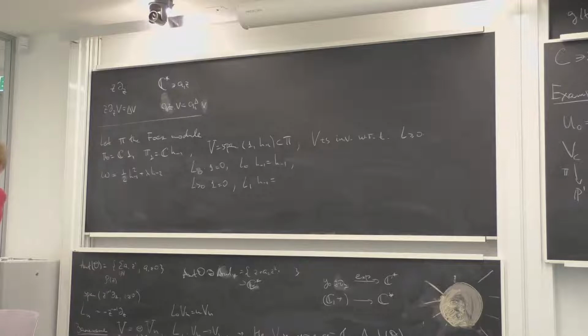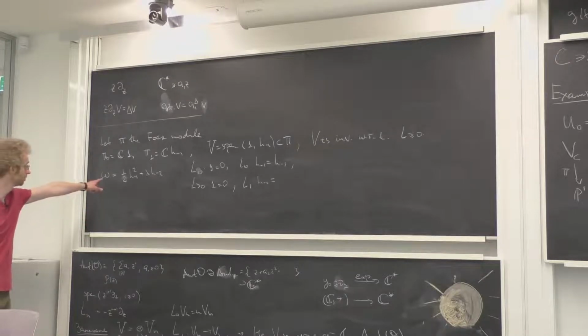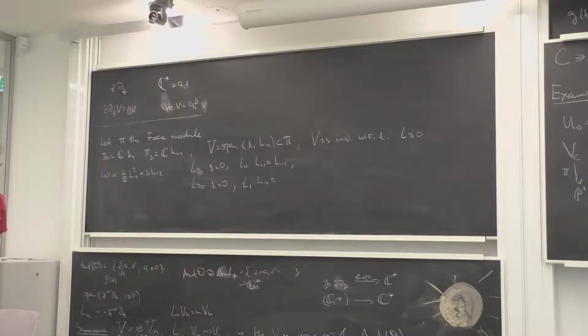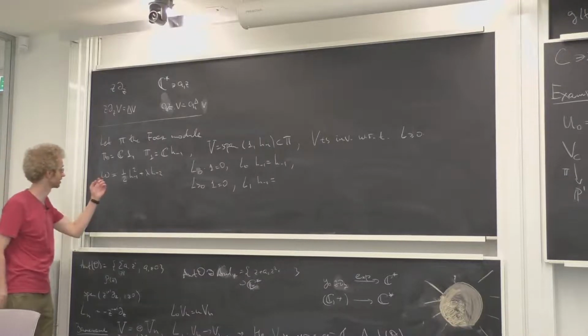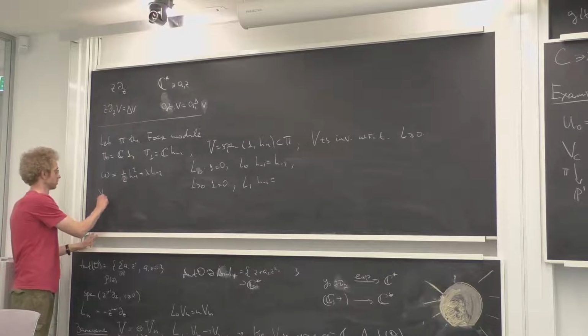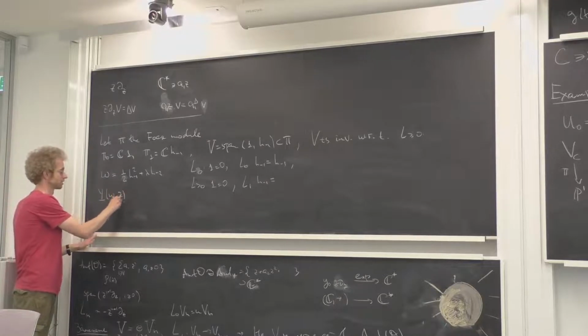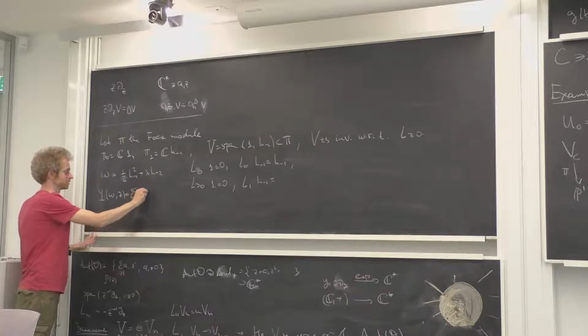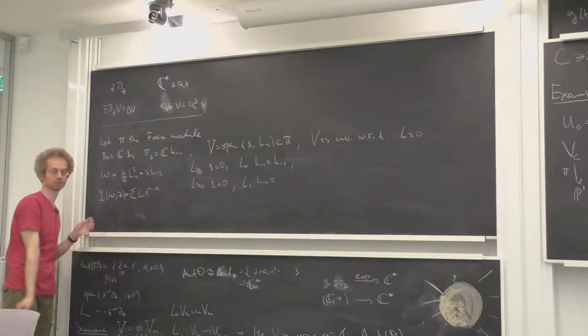What, L1? It is a Virasoro operator, the first Virasoro operator, and it comes from this conformal vector. You need to convert maybe. Yes, so if you write Y of omega, z, then this is the sum L_n z to the minus n minus 2. Okay?